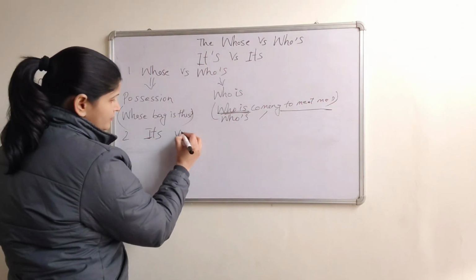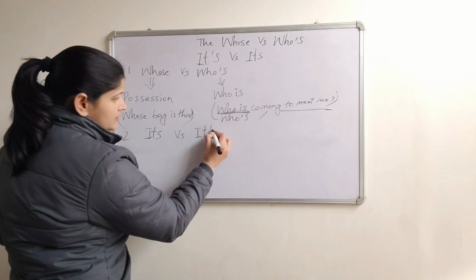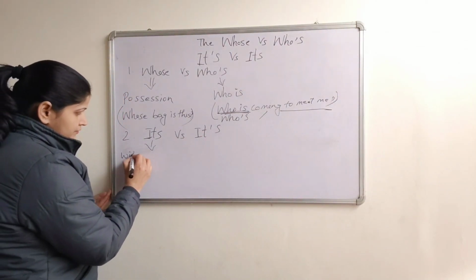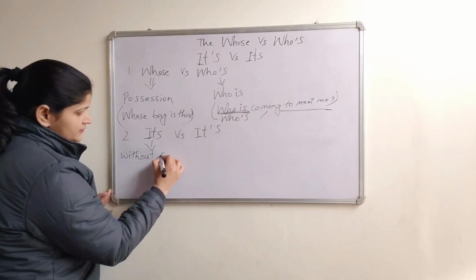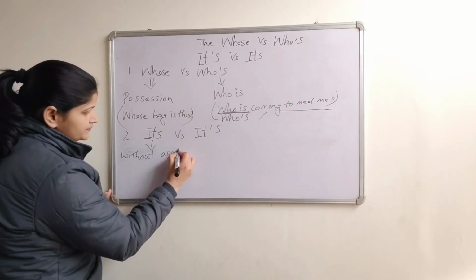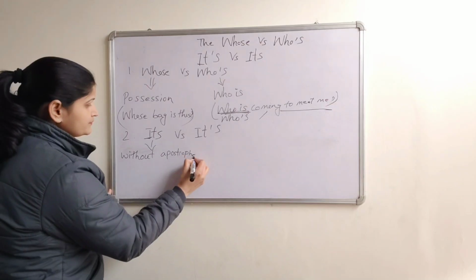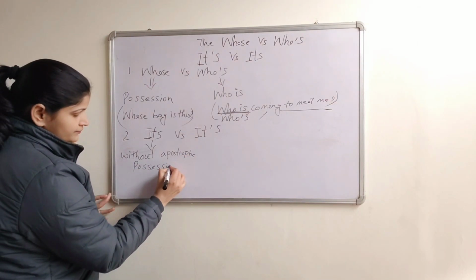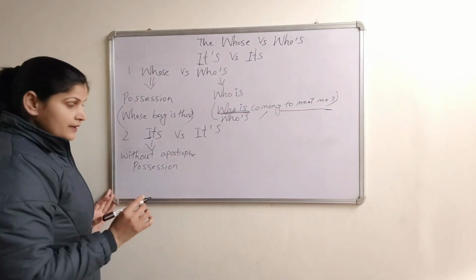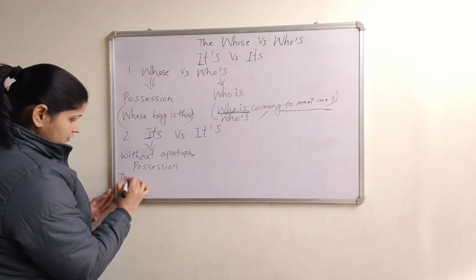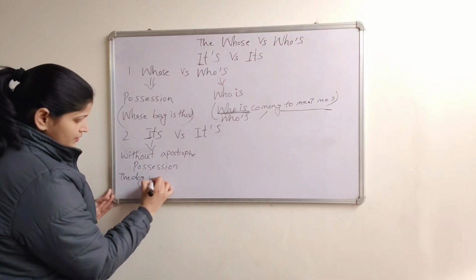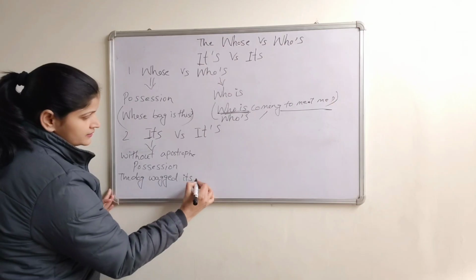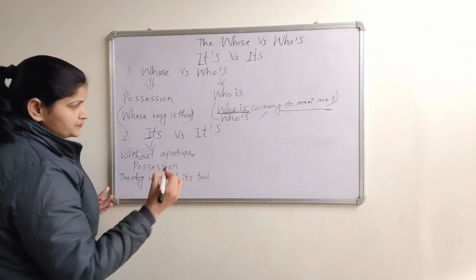Next, its versus it's. Its without an apostrophe means possession. For example, the dog wagged its tail.